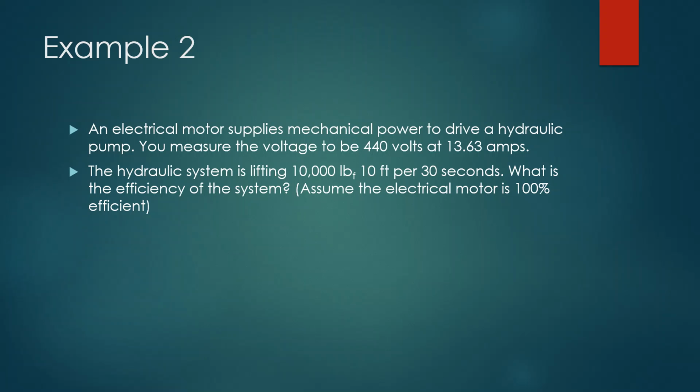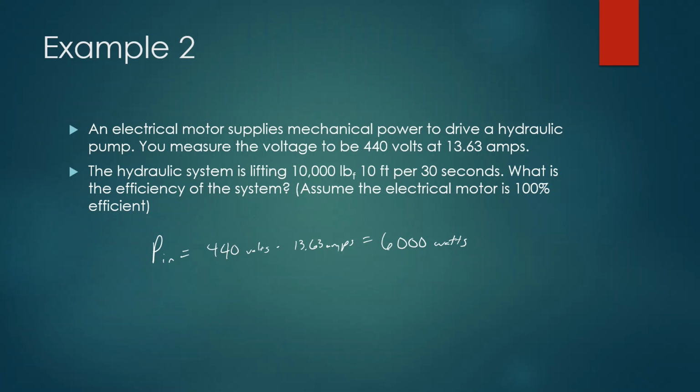Okay. Well, in this case, we can find electrical horsepower. So power in is just going to be our 440 volts times 13.63 amps. And that's going to give us a power in of 6,000 or so watts.